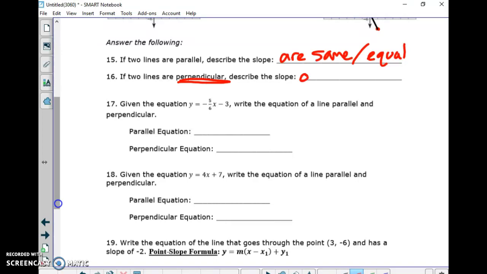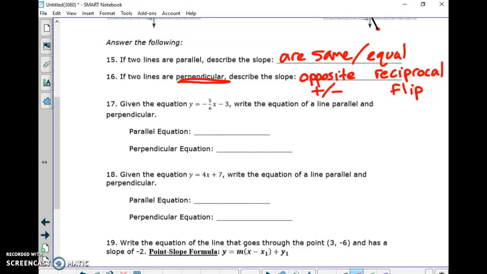We call them opposite reciprocal slopes. Opposite means change the positive, negative. Reciprocal means flip the frac. Opposite reciprocals, perpendicular slopes. You change the positive, negative, and you flip the frac. Don't forget to flip the frac.